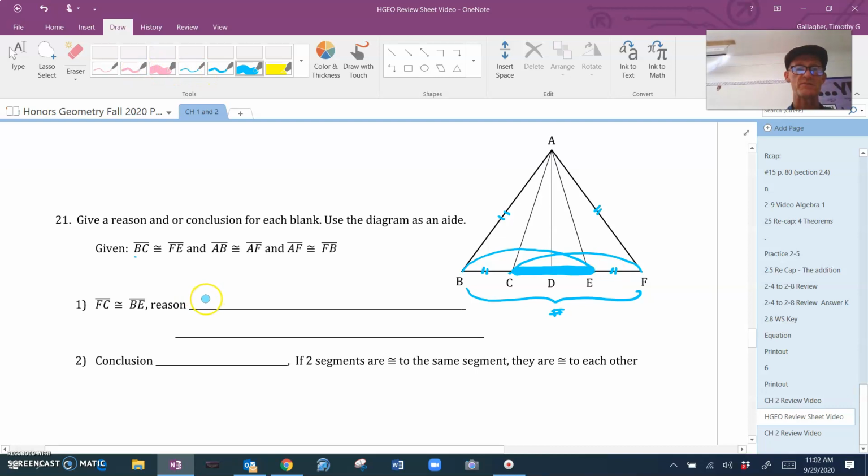So it's addition. So if a segment is added to congruent segments, the sums are congruent.